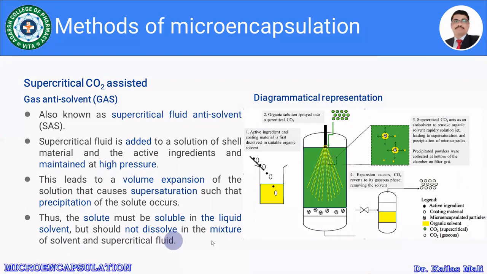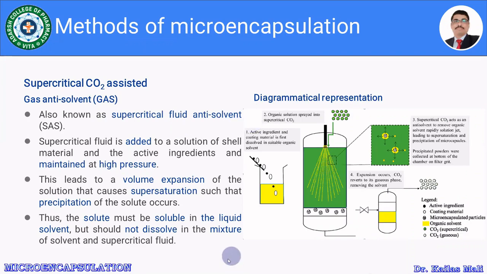So when we are exposing this dissolved system to the supercritical fluid, the mixture of organic solvent and supercritical fluid is going to act as an anti-solvent for the polymer, and thereby there is formation of the microparticles or the microcapsules. So this is about the supercritical fluid anti-solvent method.